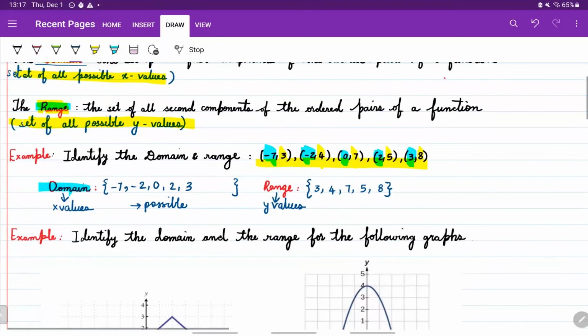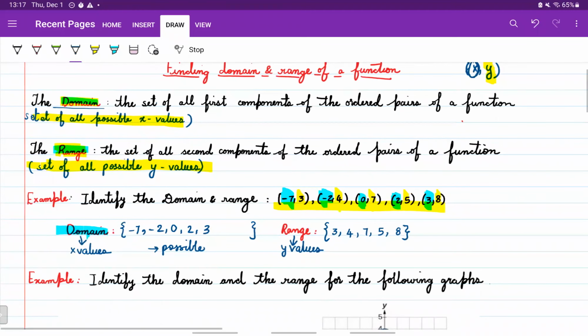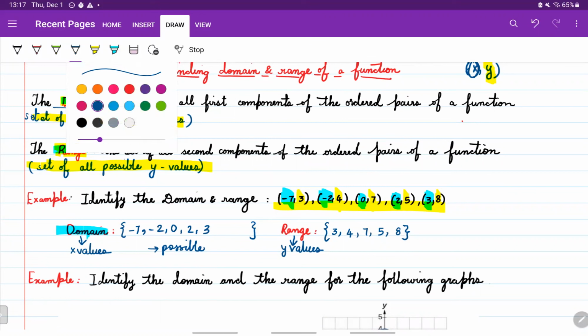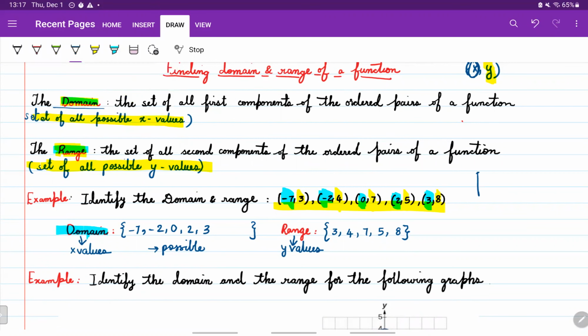One small trick that I learned to remember what the range or domain is: range starts with an R and has this long vertical line. In a Cartesian coordinate system, as you know, this is the x-axis and this is the y-axis. Because the R has a vertical line, it corresponds to the vertical line in the graph, which is the y-axis.